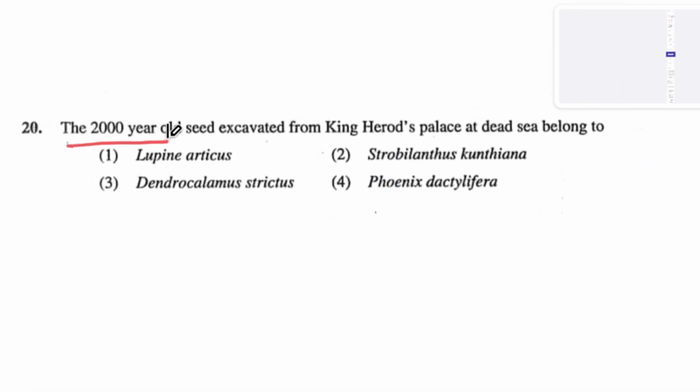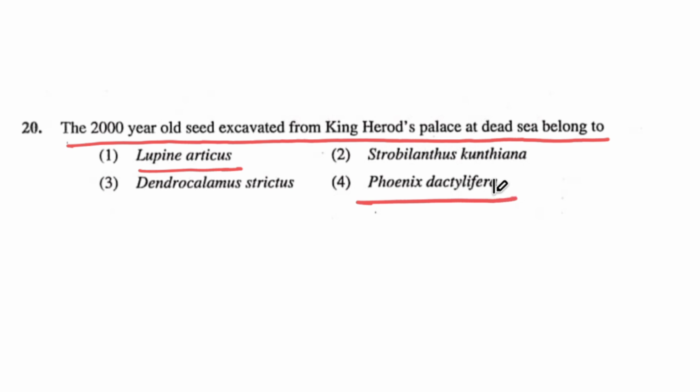The 2000-year-old seed excavated from King Herod's palace at Dead Sea belonged to. So 10,000-year-old, they have given 2 examples in your NCERT. One is Lupinus arcticus, another one is Phoenix dactylifera.